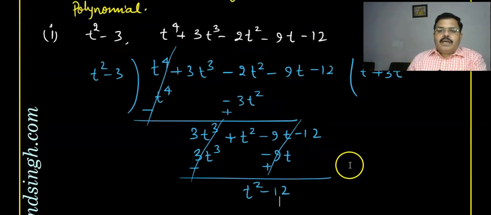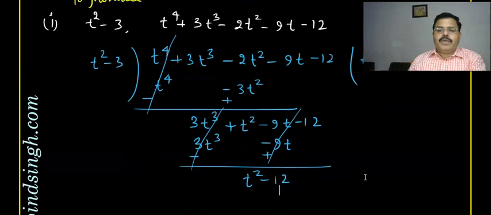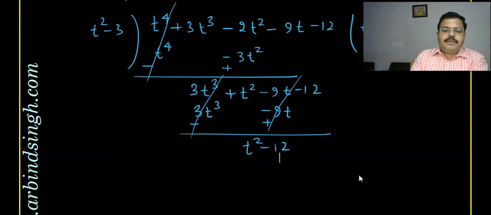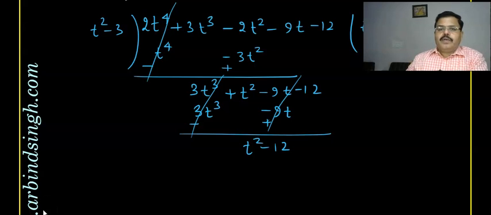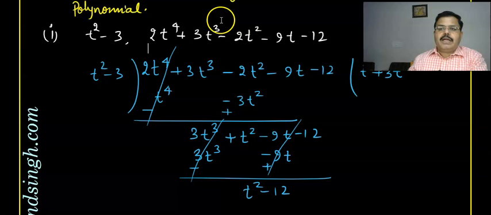So t square minus 12 is left, isn't it? So 1 we can multiply by 1. Sorry, in this question it is 2t4. Let me correct the question. In the question this is 2t4. So here what will that be?